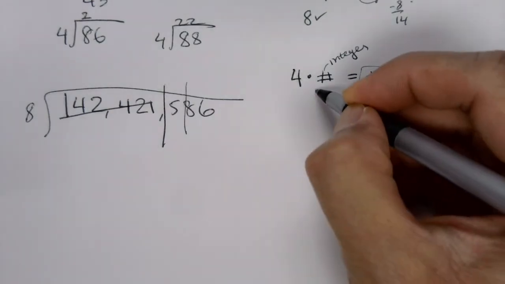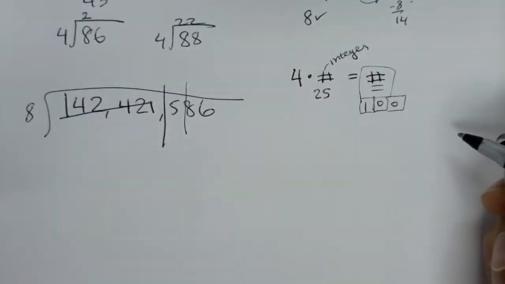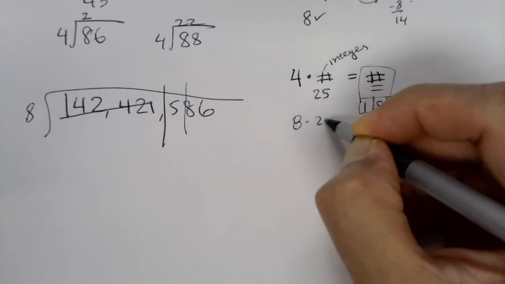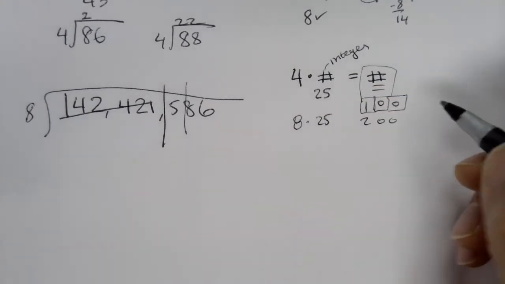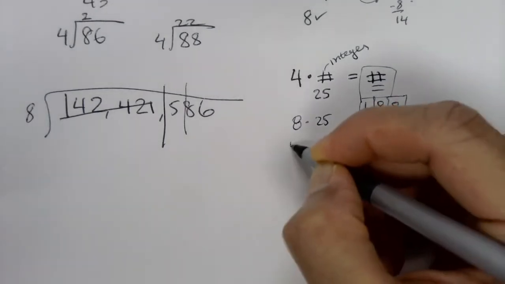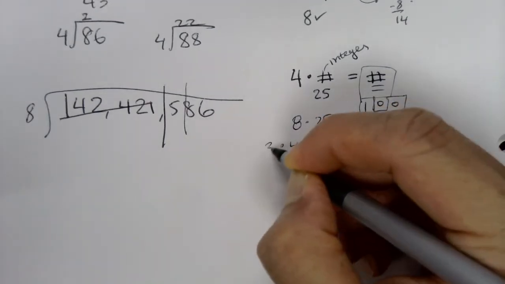Well, 100 happens to be 4 times 25. 200 is 4 times 25 times 2. 300 is 4 times 25 times 3.